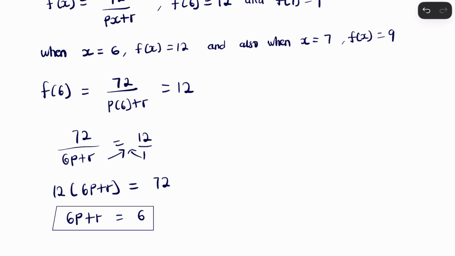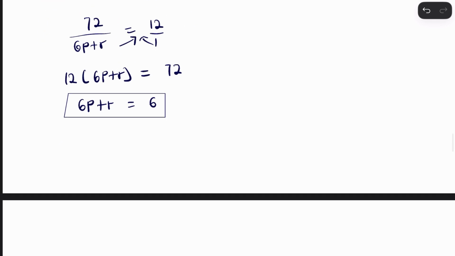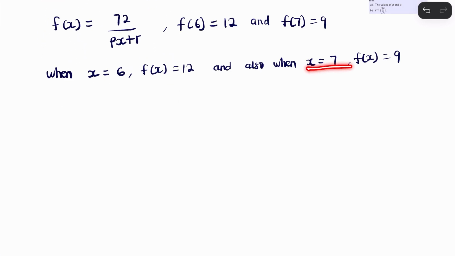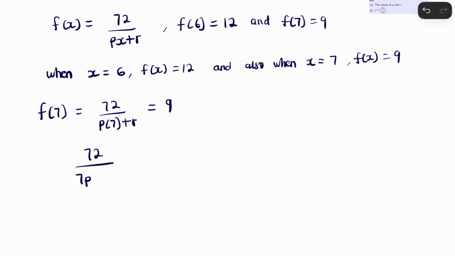Likewise, we are going to substitute in x is equal to 7, then we set the right hand side to be equal to 9. Then we simplify. So now we are going to focus on this one. We are going to have f of 7 is equal to 72, then x is now 7, so that will be p times 7 plus r is equal to 9. So we have 72 divided by 7p plus r is equal to 9.